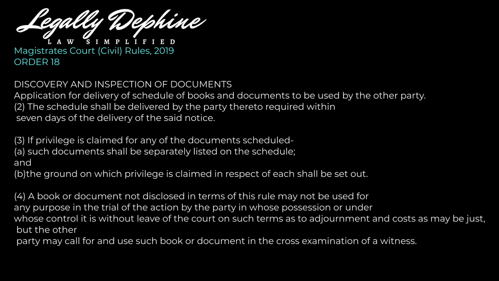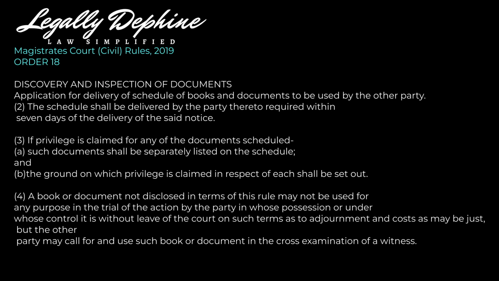The schedule shall be delivered by the party thereto required within 7 days of the delivery of the said notice. If privilege is claimed for any of the documents scheduled, such documents shall be separately listed on the schedule and the ground on which privilege is claimed in respect of each shall be set out.